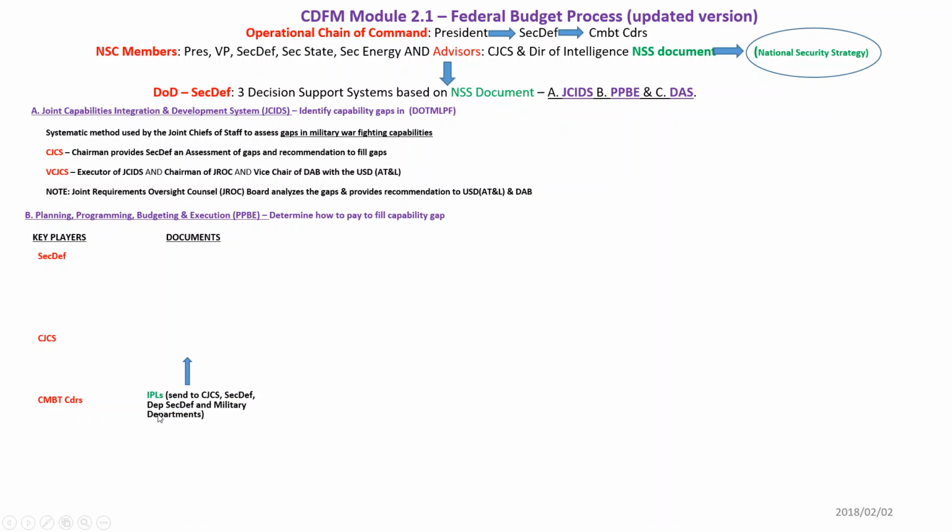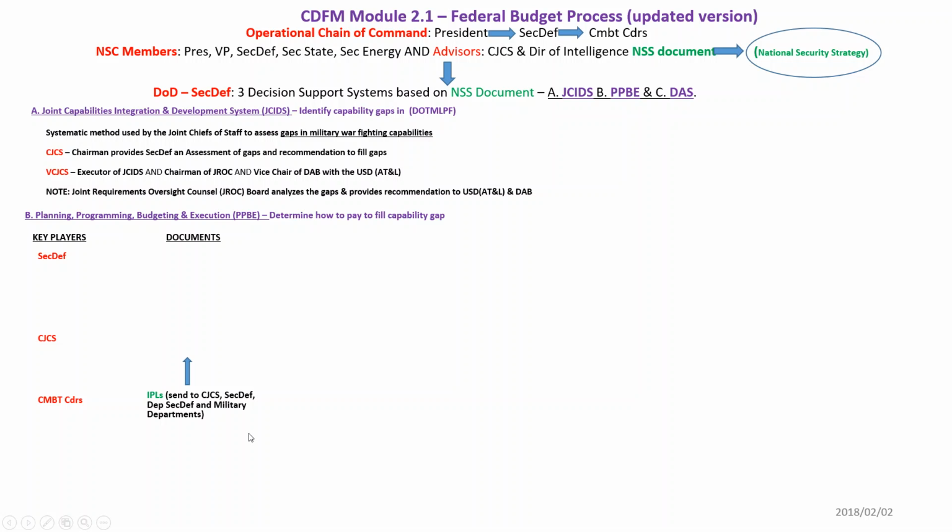The combatant commanders identify what their requirements are. Based on their area of responsibility, they will determine what they need. So they issue or submit an IPL, Integrated Priority List.